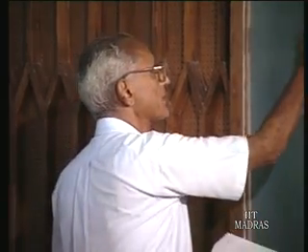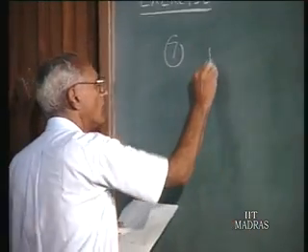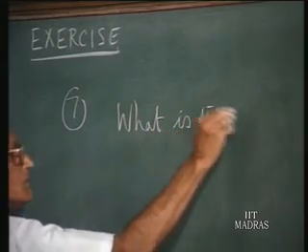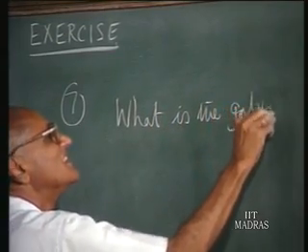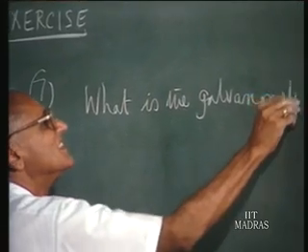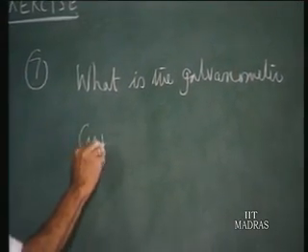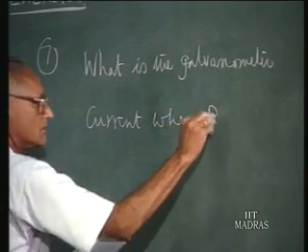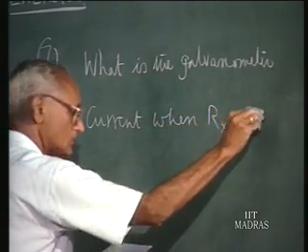One more problem. Problem number 7. What is the galvanometer current when Rx equals 3 ohms?